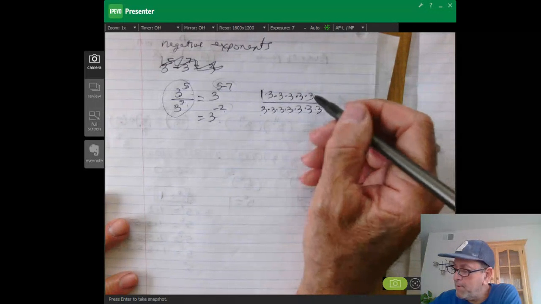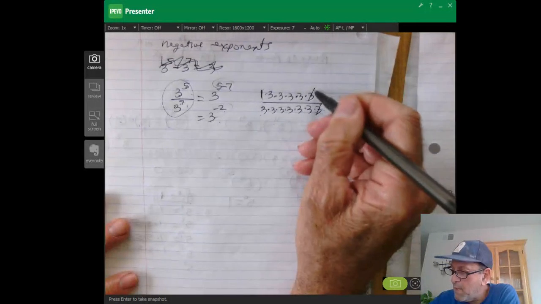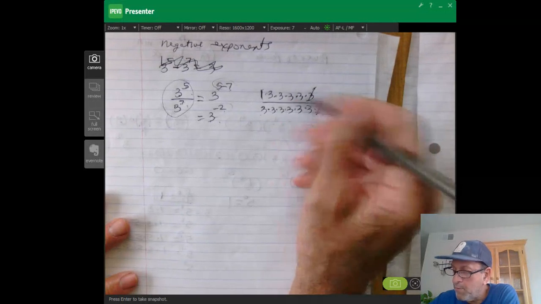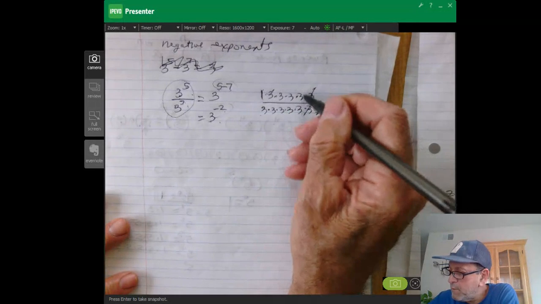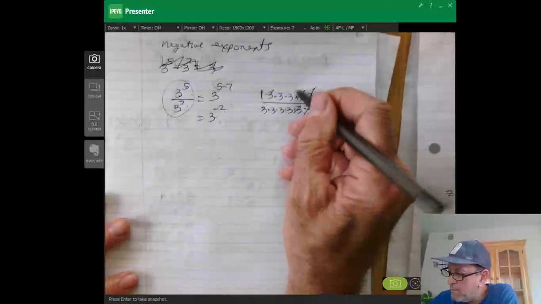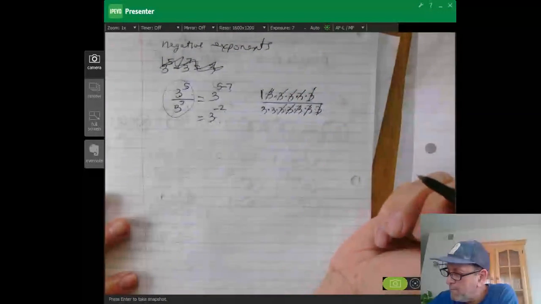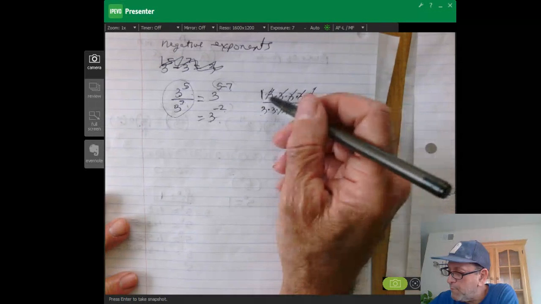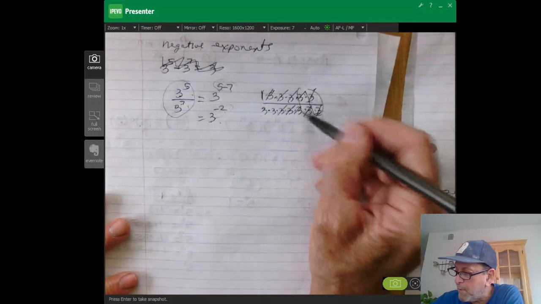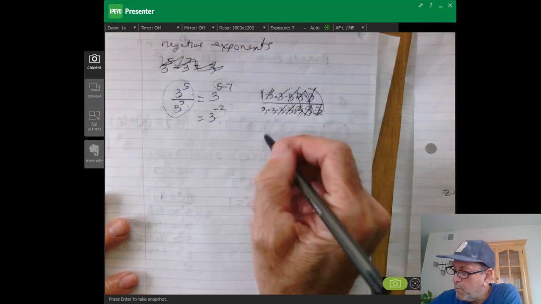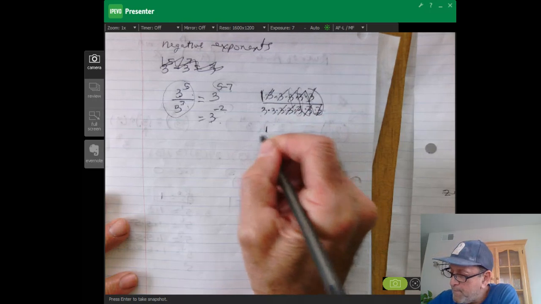Now, for every 3 in the numerator and the denominator, we can cancel that out and replace it with a 1. You can go from the front or the back, it doesn't matter. Now notice we're canceling everything, and as soon as we're done with all the pairs, all we're left with in the numerator is a 1.